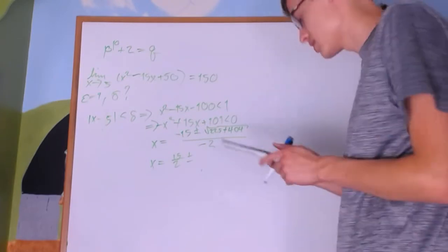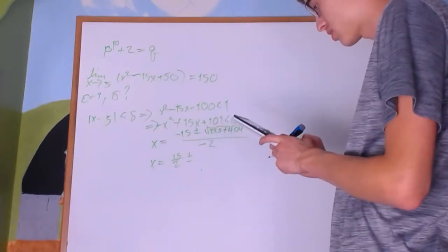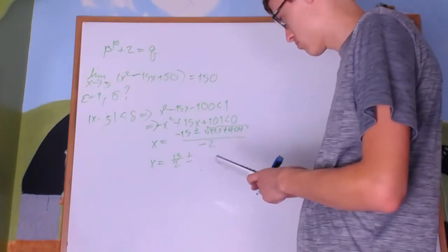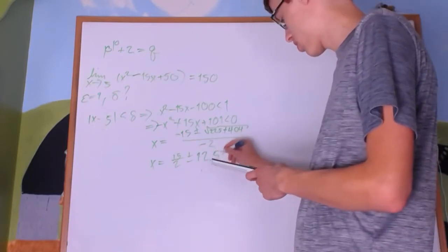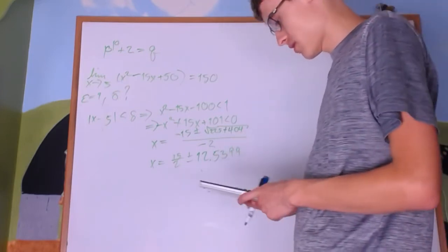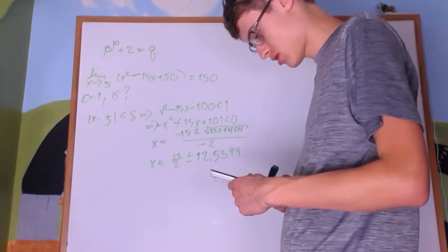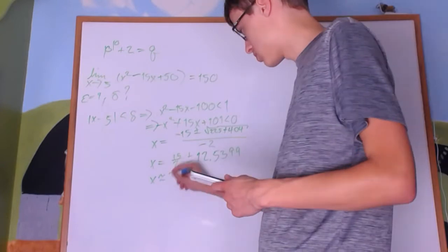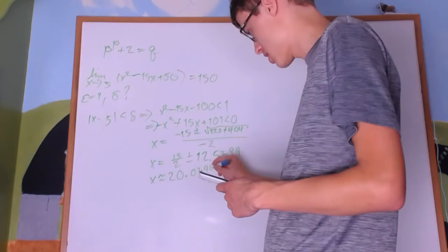Minus, yeah, I see now. 225 plus 404, divide by 2, 12.5399. Alright, 15 over 2 plus that, so x is around 20.0399.